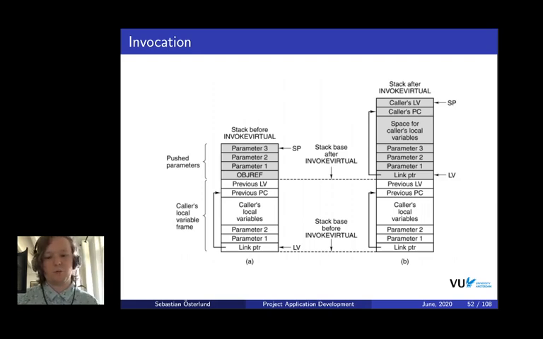Since Java is object oriented, the object reference refers to a certain object. But still, the IJVM keeps compatibility with the Java virtual machine, so you need to push this dummy value on the stack when you want to invoke a method. So the object reference, then you push the parameters, and then at some point you call the invokevirtual instruction.